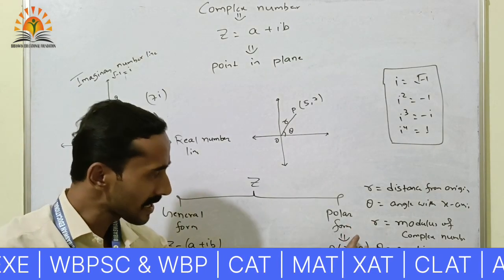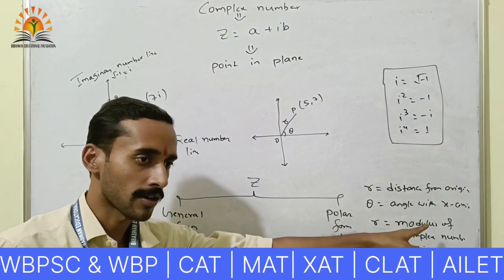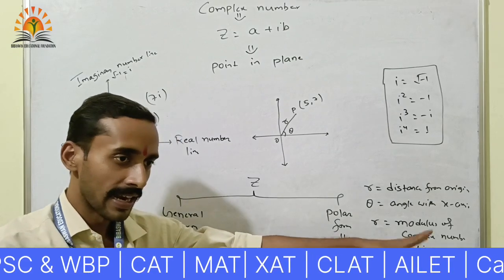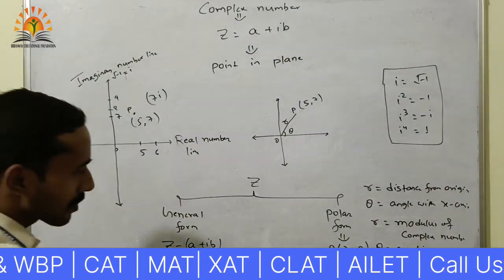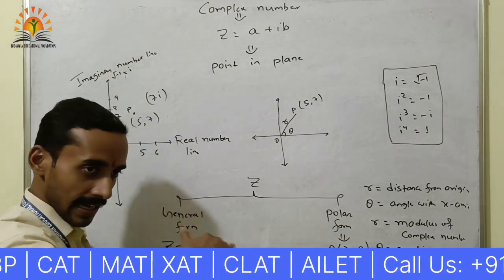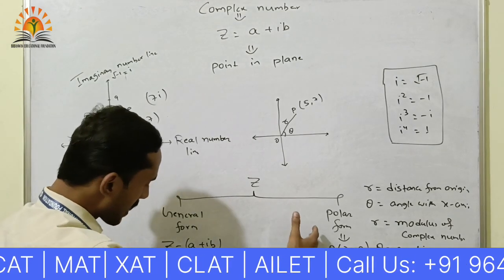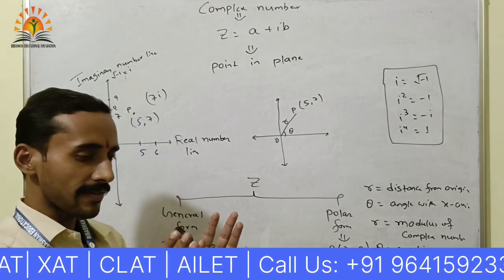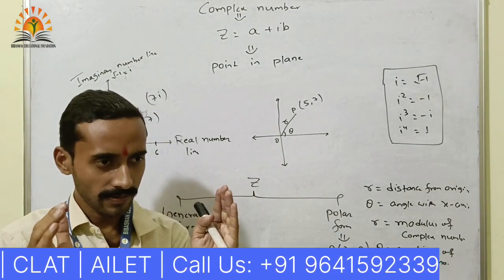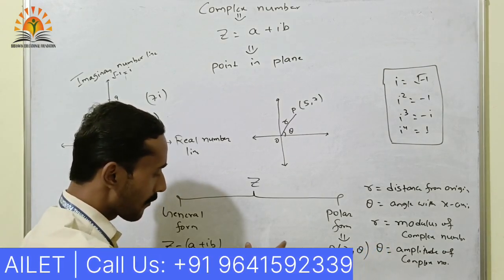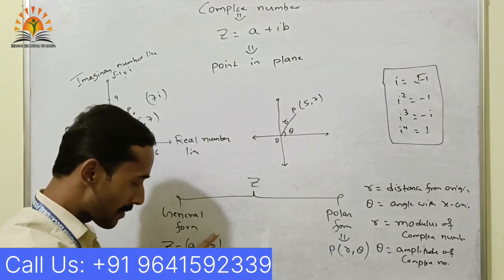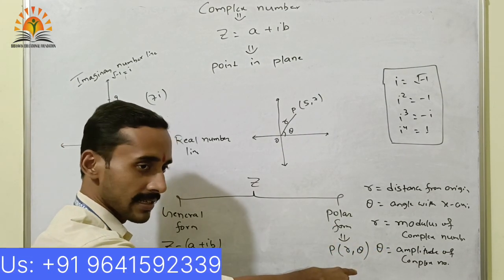This is nothing but the value of the modulus r and the value of theta. Now our task is to connect these two terms, so that we get a very short formula to convert a complex number from this form to that form.